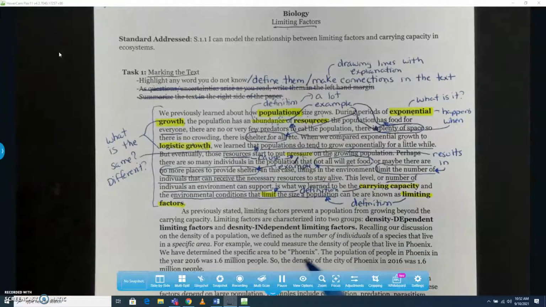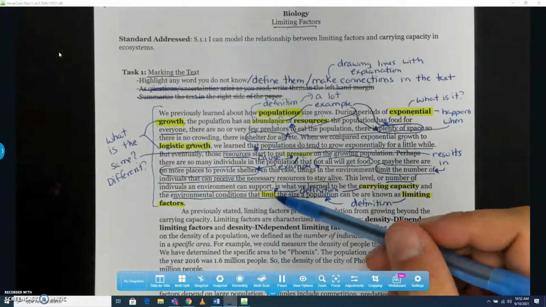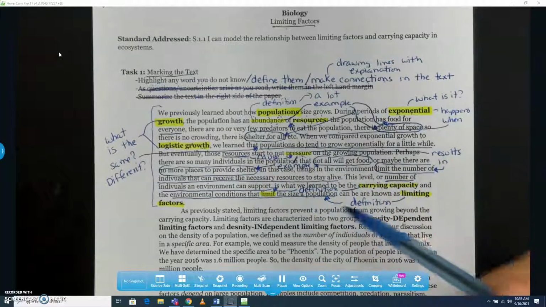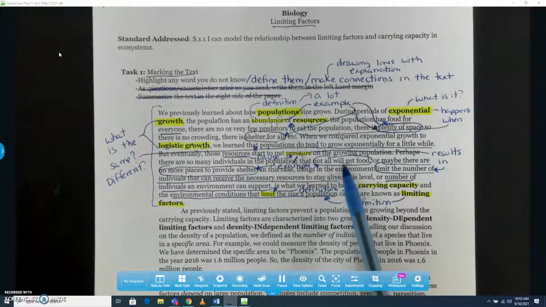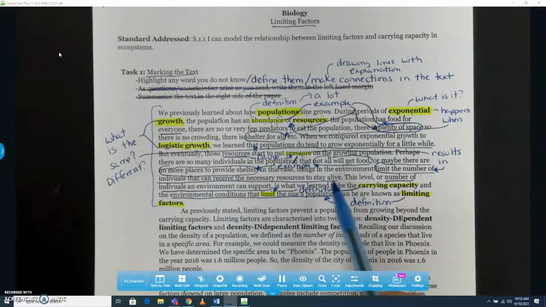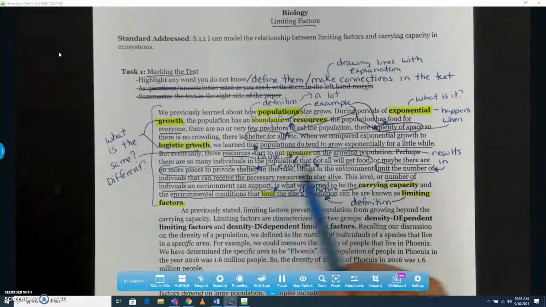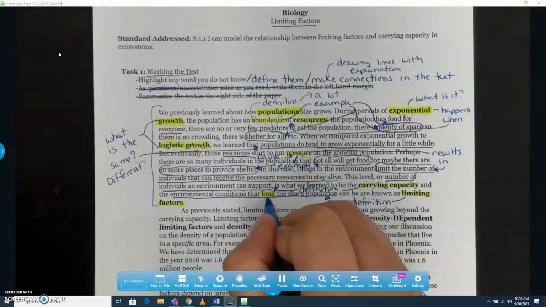That might be a word that we highlight. But if we're talking about the word limit, and if we think about the things that we talked about, not all will get food. No more place to provide shelter. Limit the number of individuals that can stay alive. Limit, if we weren't sure what this meant, limit the size of a population, we can now start to connect to some of these other things.